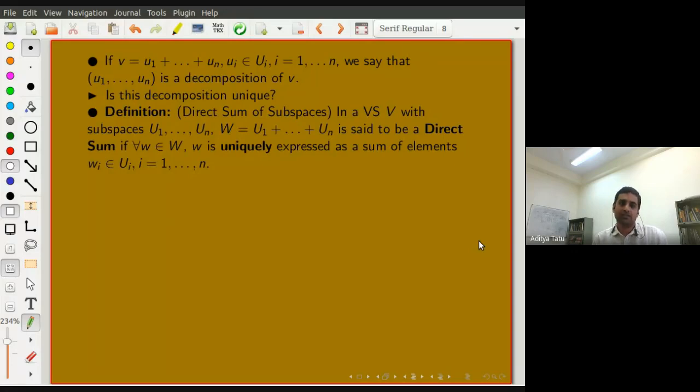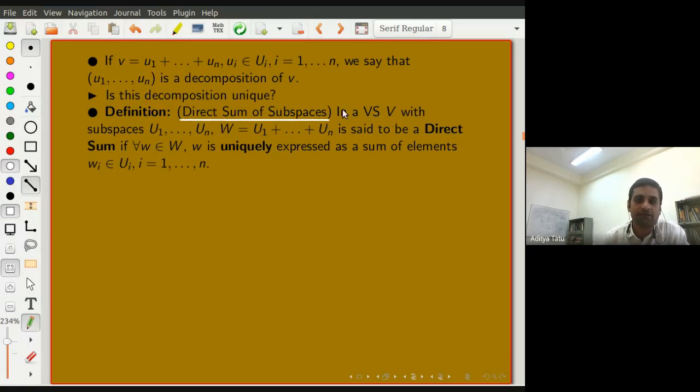Because this is so important, there is a new term that we give to the case where a sum of subspaces has a unique decomposition. That is what is called a direct sum of subspaces. Let me just read the definition first.